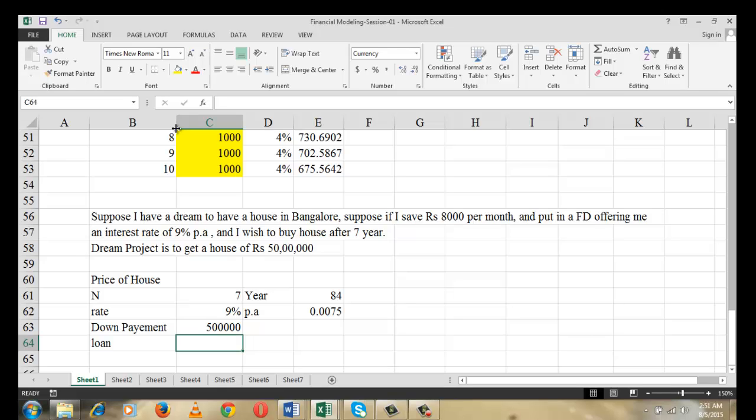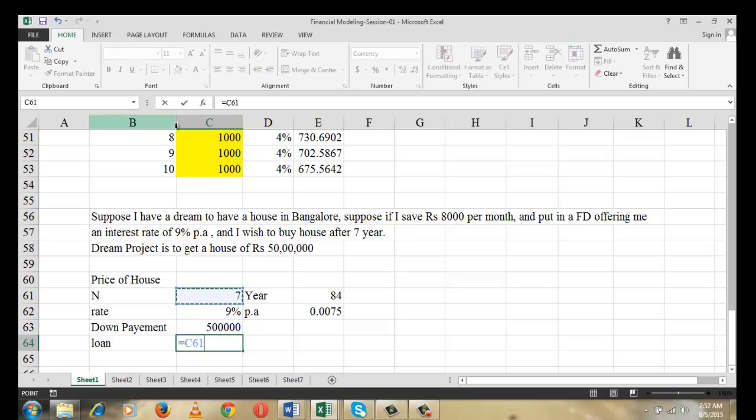So instead of going with equity, I can go with a debt mode and borrow some money from the bank. What should the price of the house be in the market, so that I can survive by paying 8,000 rupees per month as an EMI, and by paying 5 lakh rupees as a down payment?